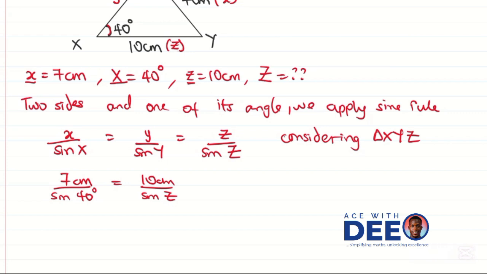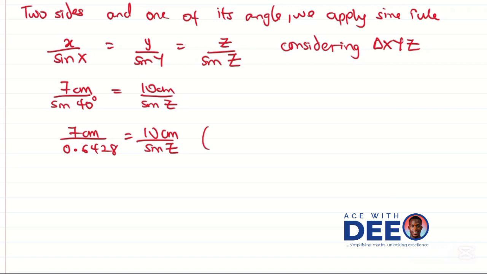So what do we do at this junction? What was sine 40 degrees? Sine 40 degrees is 0.6428. So this is going to be 7 centimeters over 0.6428. Sorry, it should be equal to 10 centimeters over sine Z. So what we do now is cross multiply.